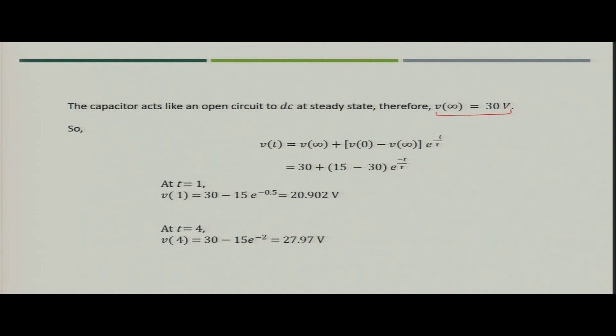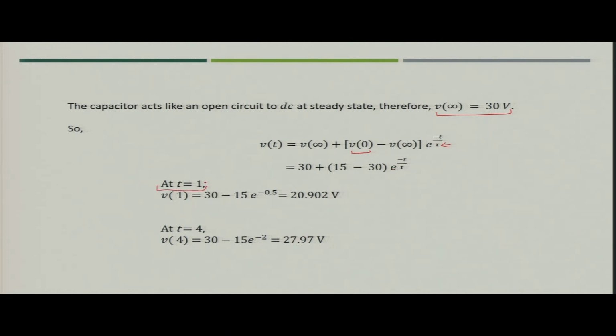So, the steady state value of voltage V is 30 volt. V0 we have calculated already, that is 15. If you put the value of these two components and the time constant, you will get the voltage at any time t as 30 plus 15 minus 30 into e to the power minus t by tau.